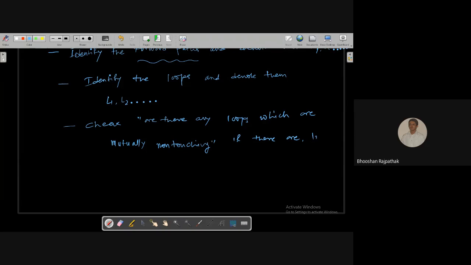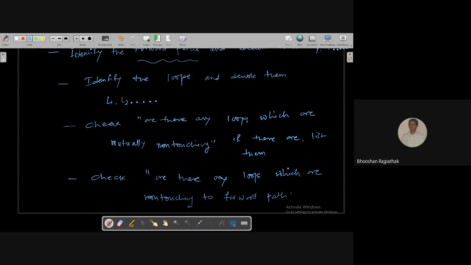If there are, list them. And the last step is to check, are there any loops which are non-touching to forward paths? So these are the four steps.